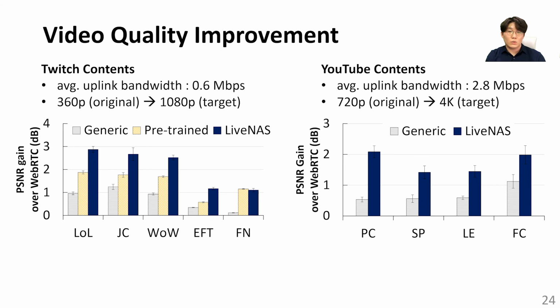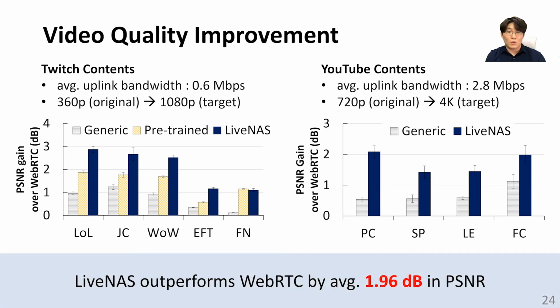However, this result only appears when the best training data is carefully selected from the prior stream. Overall, LiveNAS outperforms WebRTC by an average of 1.96 dB and generic super resolution by an average of 1.19 dB in PSNR.